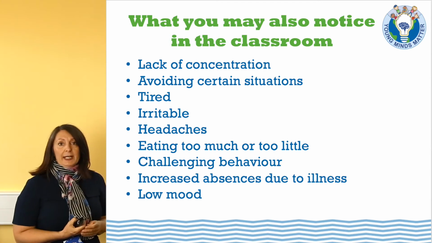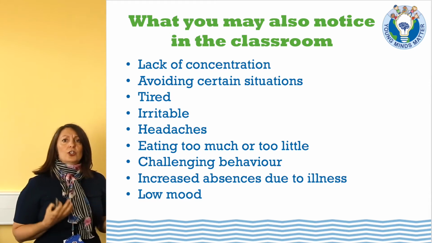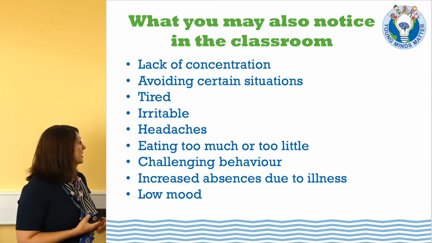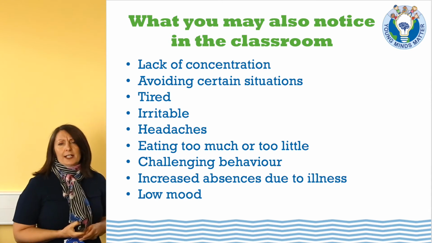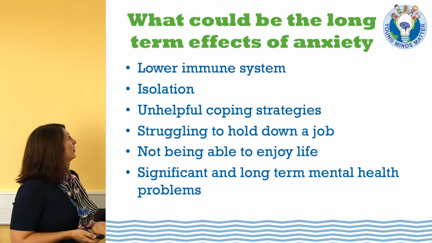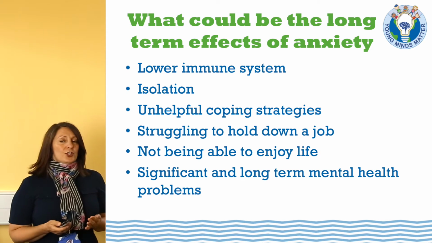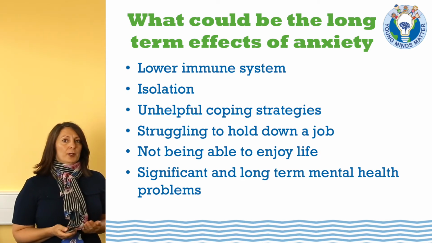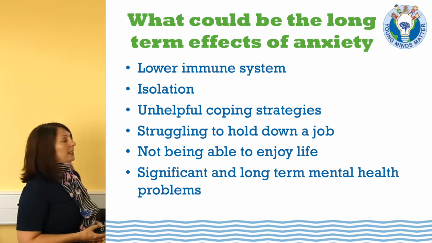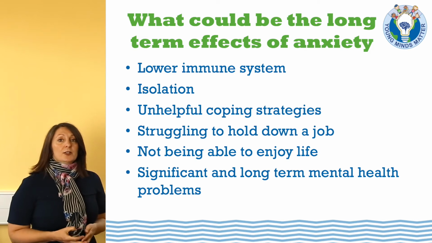All of those things may indicate that there is something emotional going on, not just physical, particularly if that's out of character or unusual for that individual. And we know that these things can affect mood over time. So we're going to think about what could be the long-term effects of anxiety, the more we've understood about the physical and the emotional and how they interact, and how that can have an impact, not just on us emotionally, but also lowering the immune system.